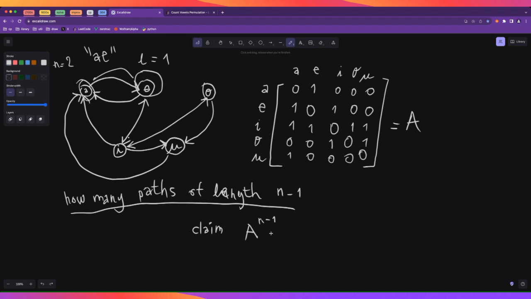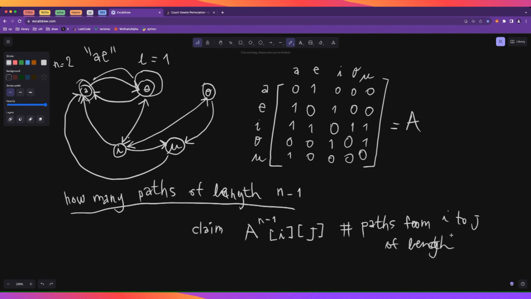If you consider the element on row I and column J, it is the number of paths from I to J of length.